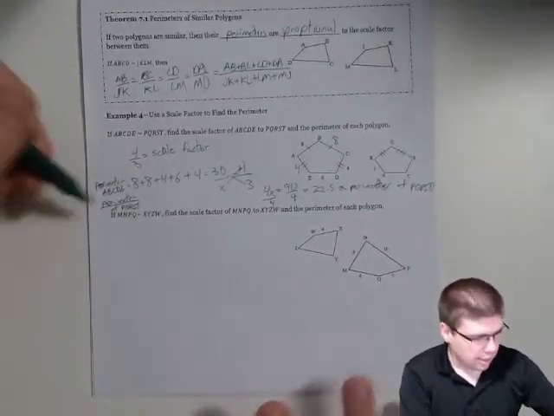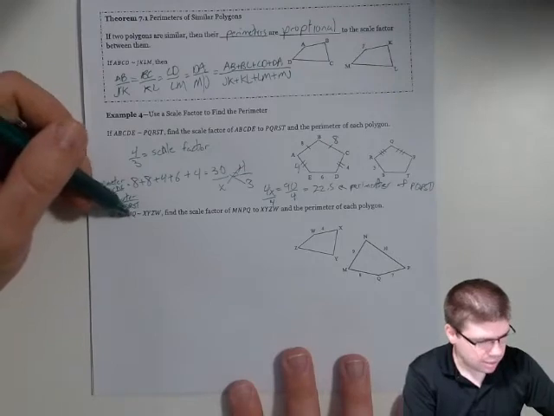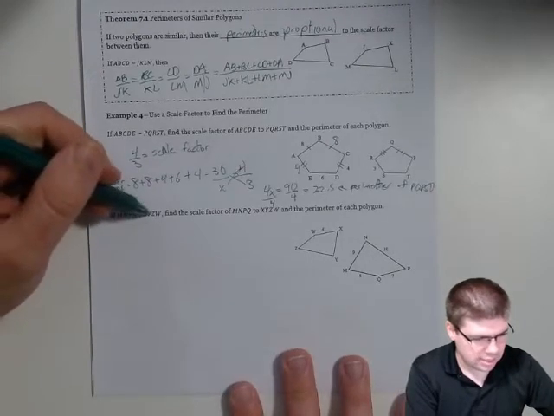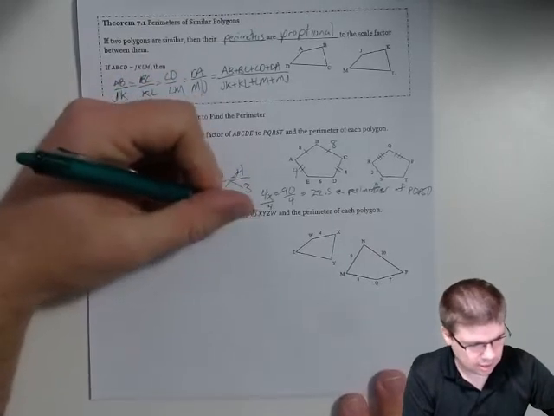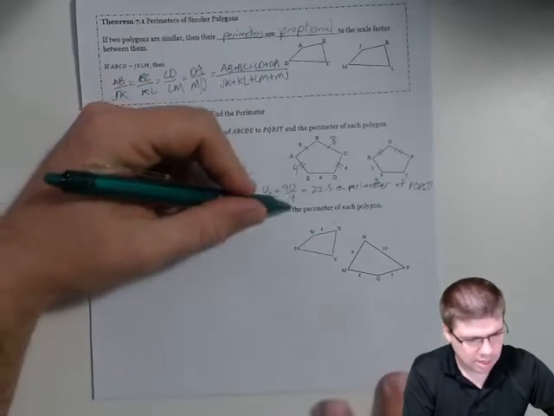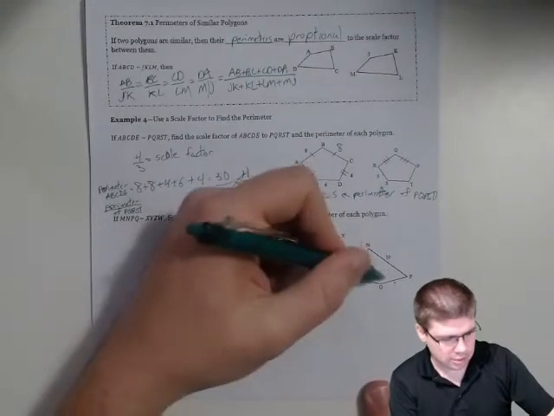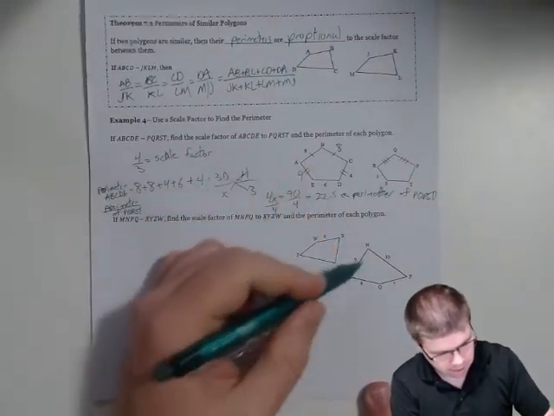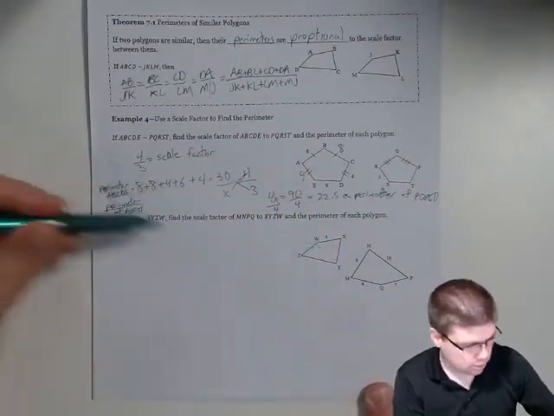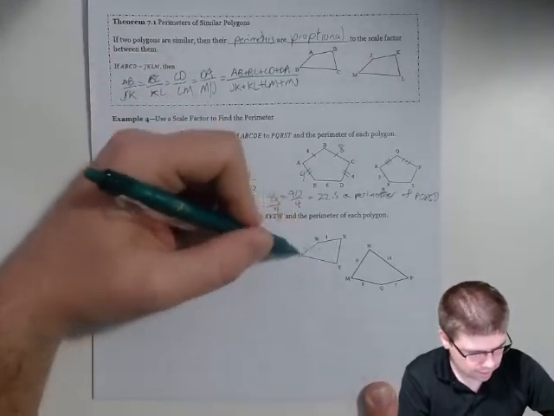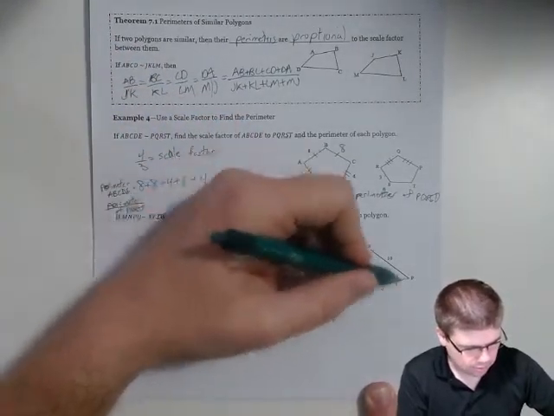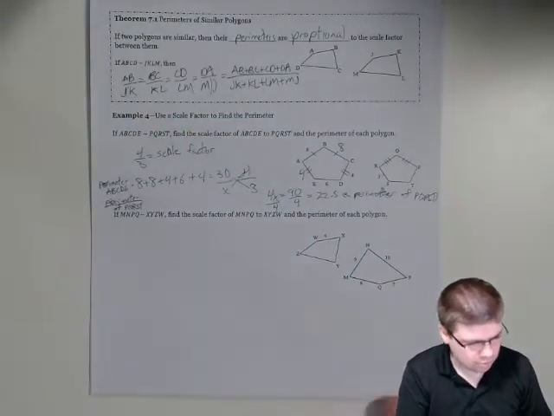Last one, if MNPQ is congruent to XYZW, find the scale factor of MNPQ to XYZW and the perimeter of each polygon. So I'm going from this one to this one, MNPQ to XYZW. So it's a little kind of offset and spun around.